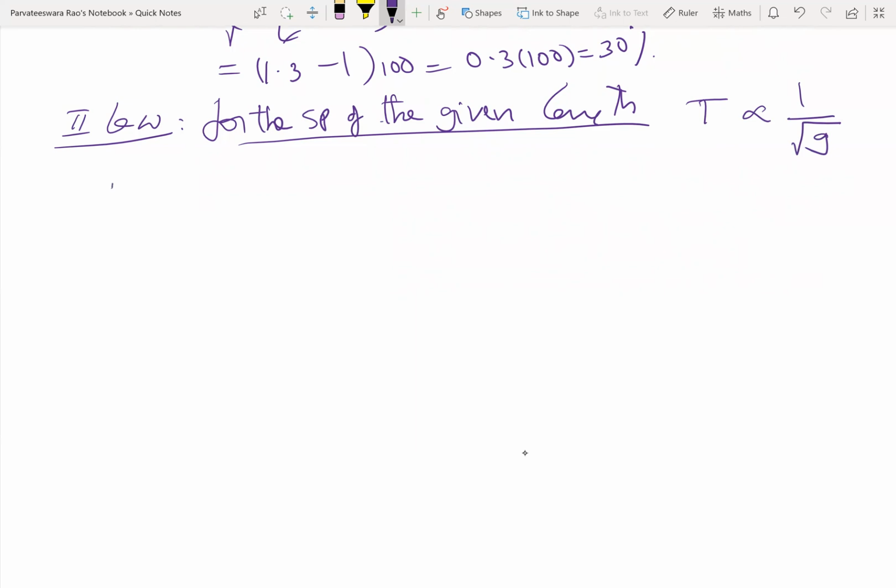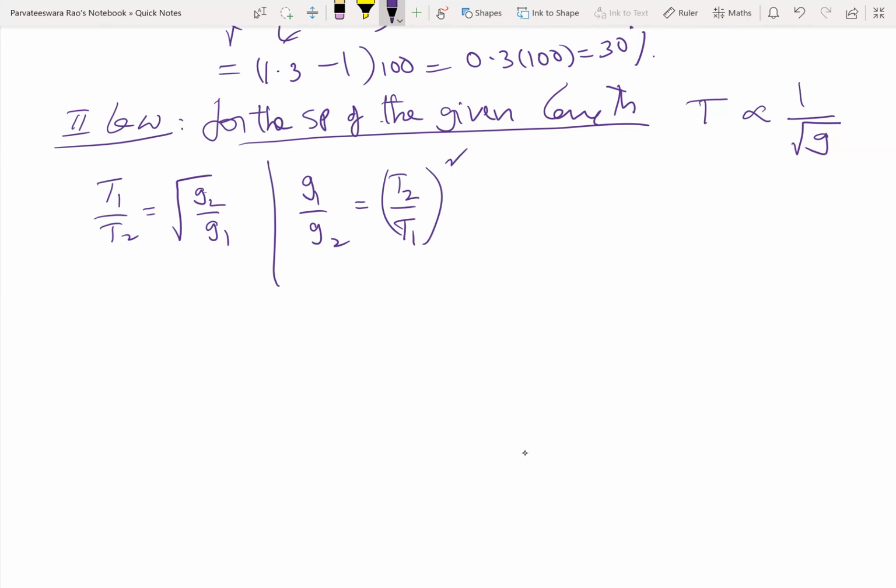So T1 by T2 is root of G2 by G1, or G1 by G2 is T2 by T1 whole square.